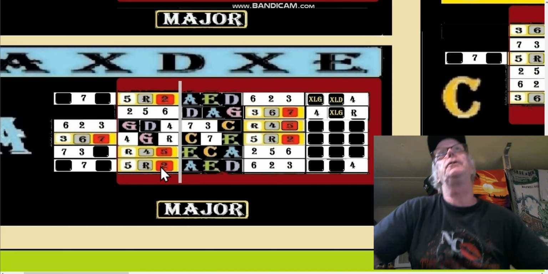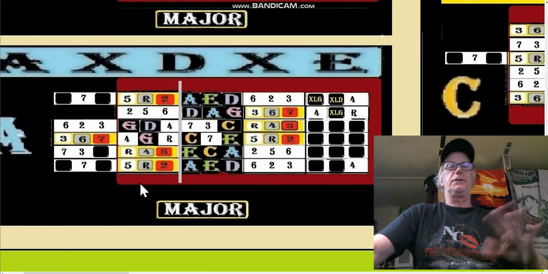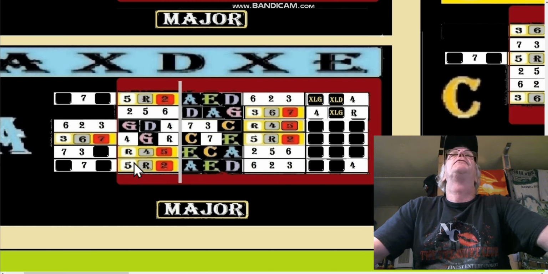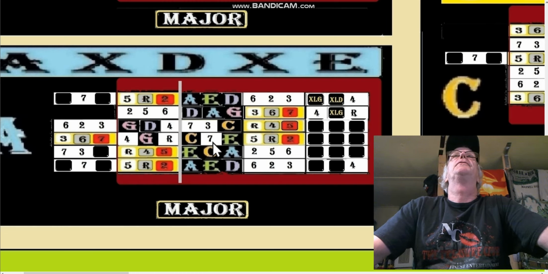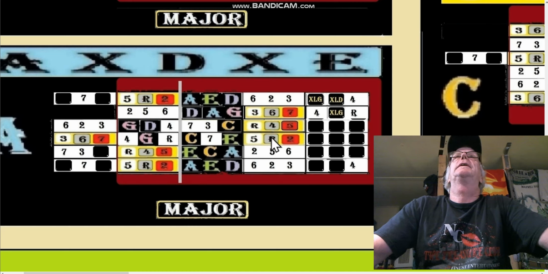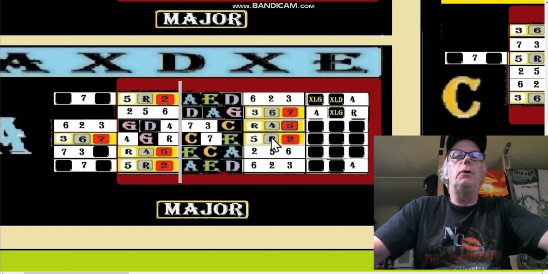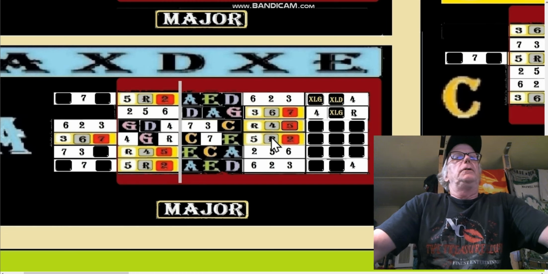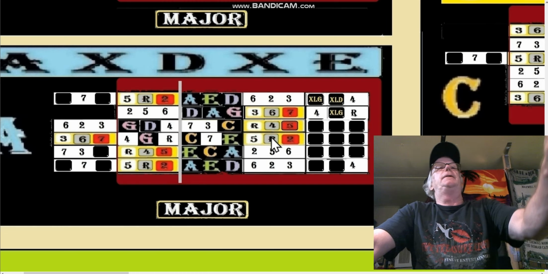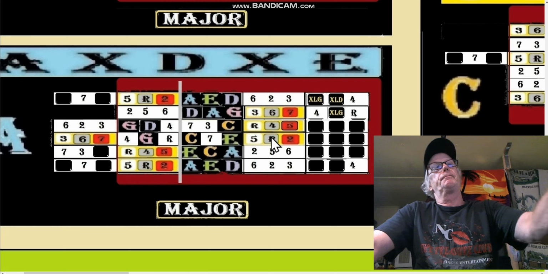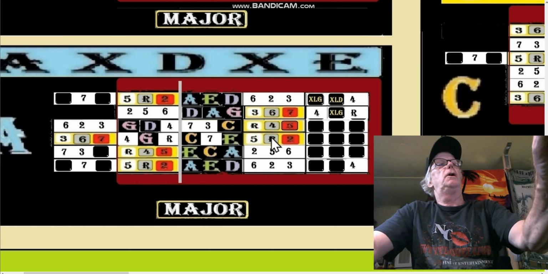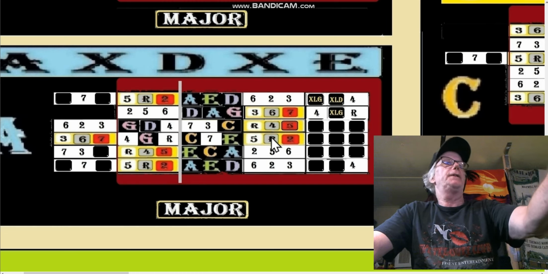But now another use of the alias. It's the same shape, but it's a different key almost, or a different mode. You can call the major modes the same when they're triads.